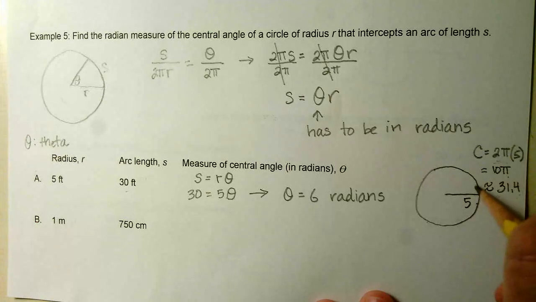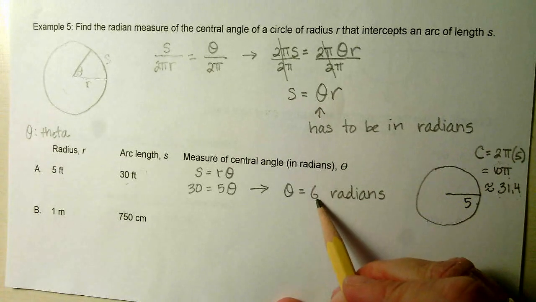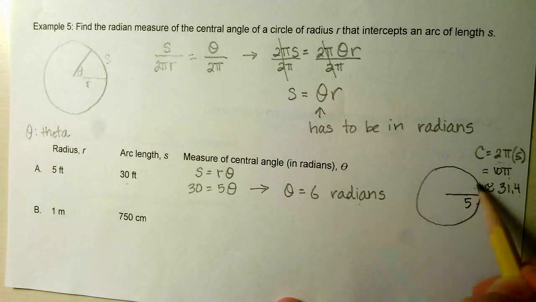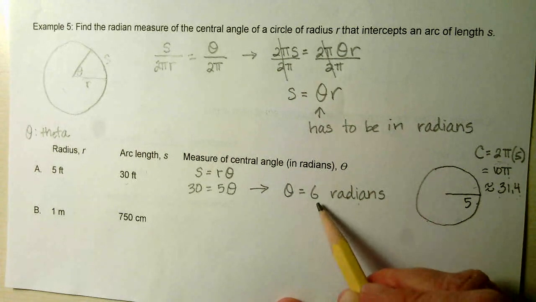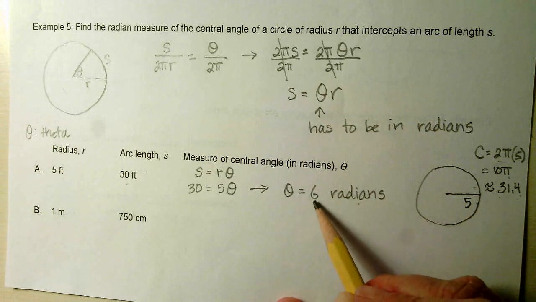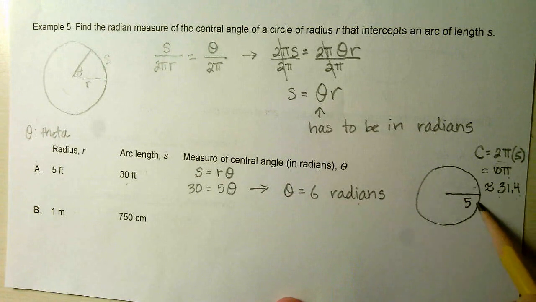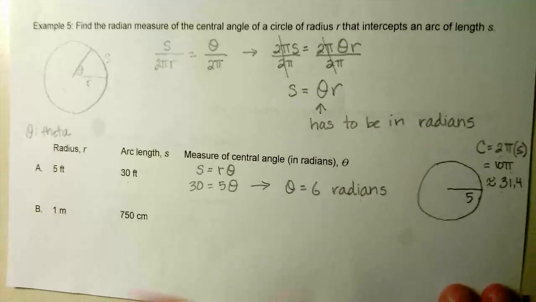And that's why my radian measure is almost an entire circle. 2 pi radians is the entire circle. In every case, 2 pi is about 6.28. So 6 radians would get us almost all the way around the circle.